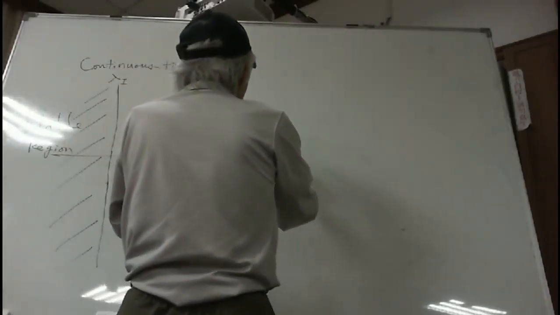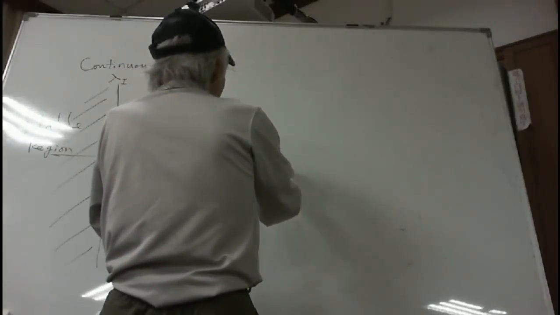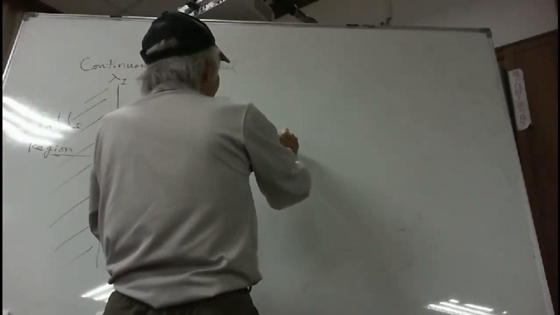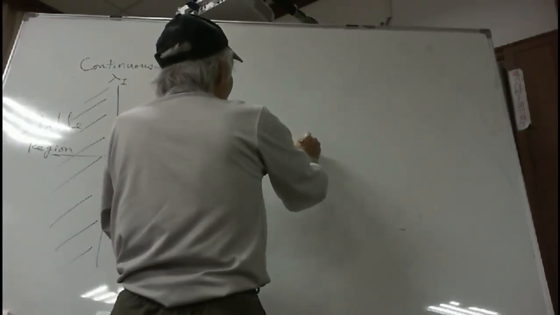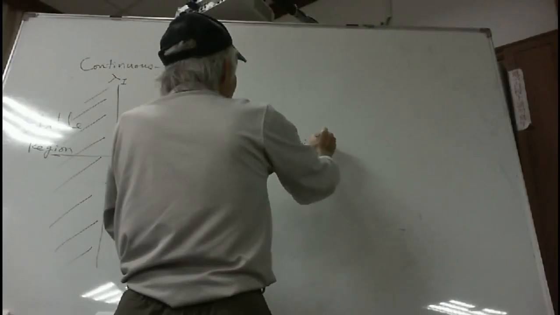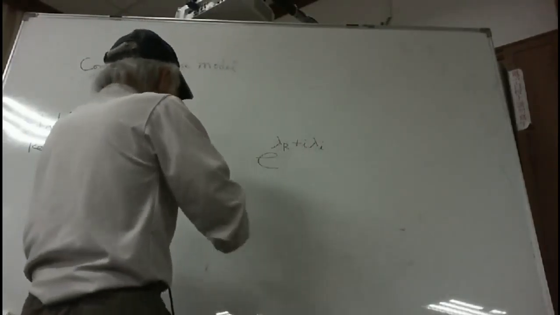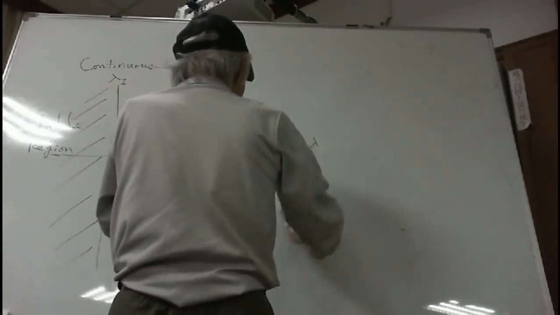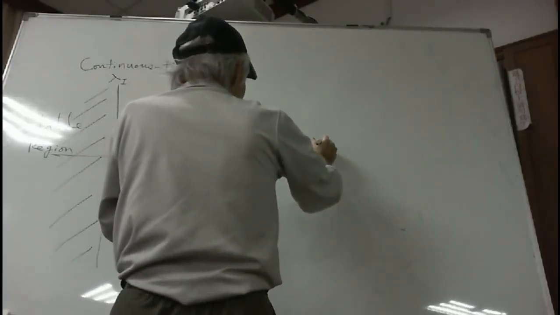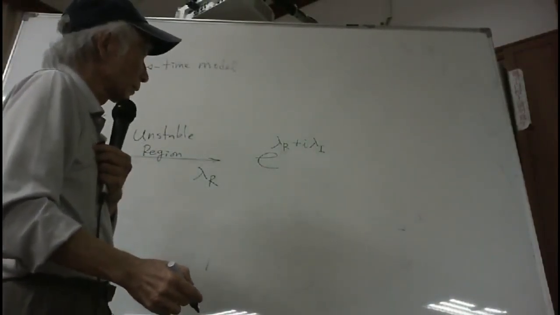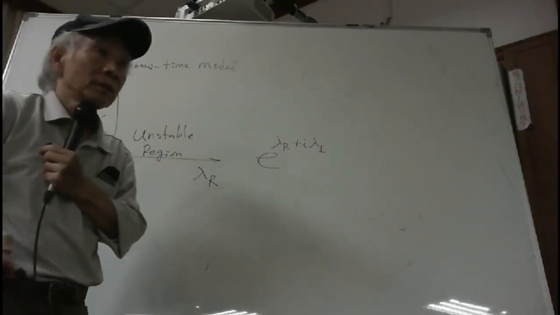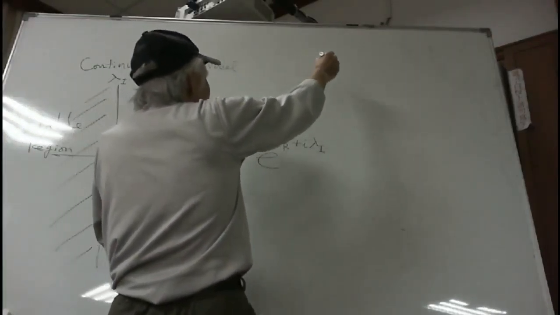Now, when we transform this through an exponential, lambda r plus i lambda i, to discrete time.